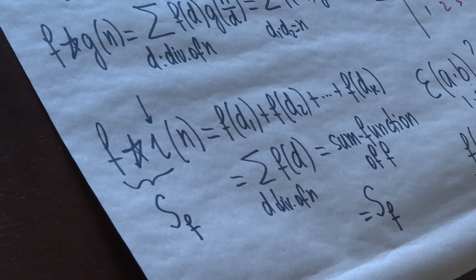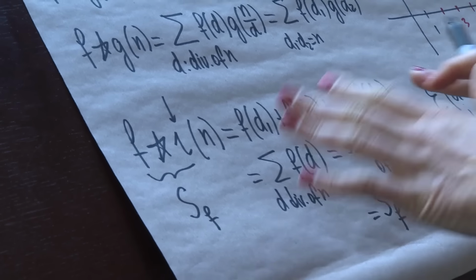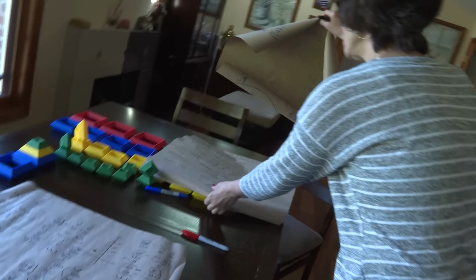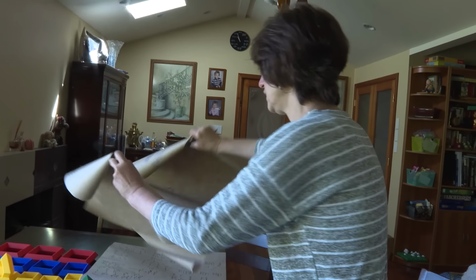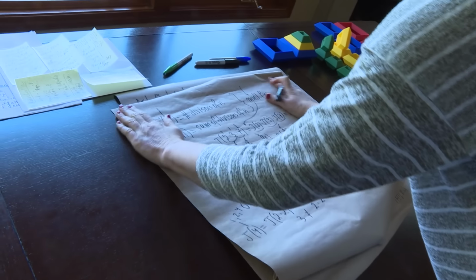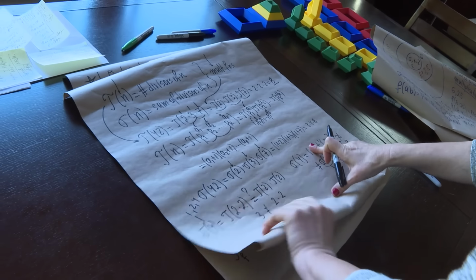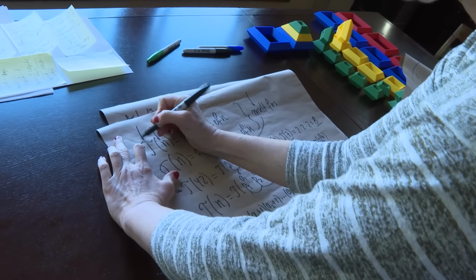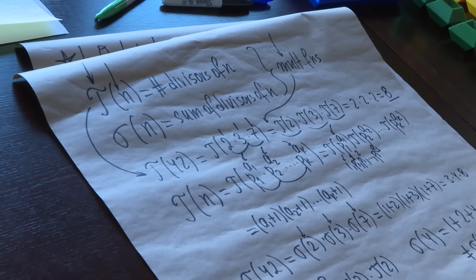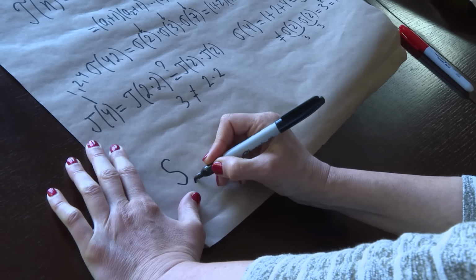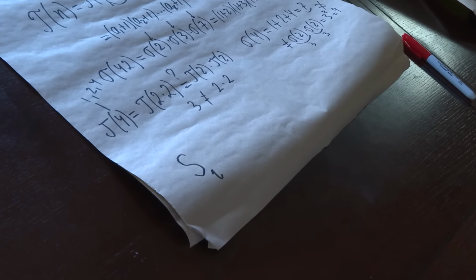I said that I've seen this before. This reminds me of something earlier, so let us go back and check if we will recognize things. So we have the divisors of n, this tau. What would happen if I take the sum function of just the constant one function?